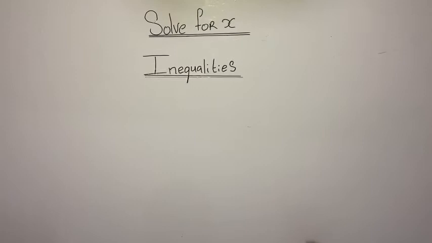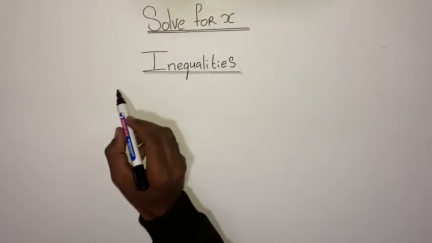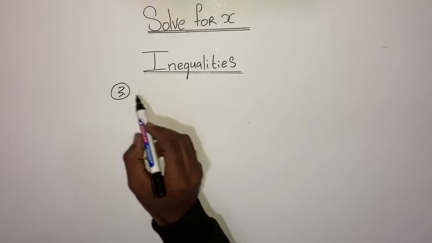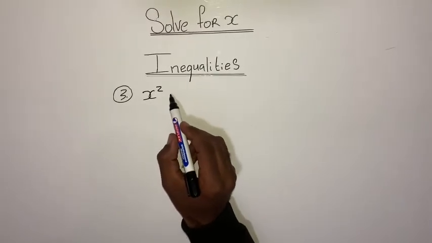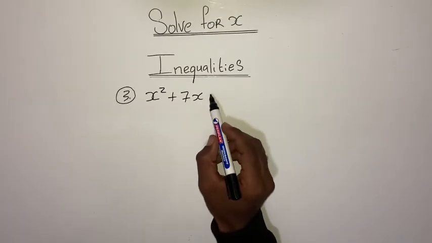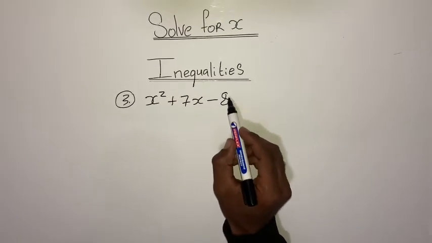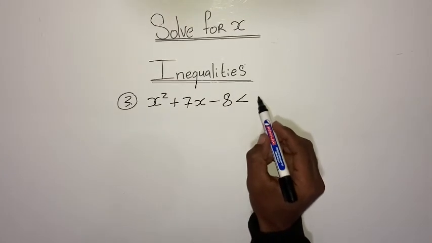With our inequality, we are now on our third sum. For our third sum, we go for x squared plus 7x minus 8 less than 0.